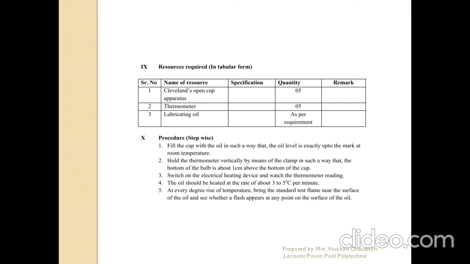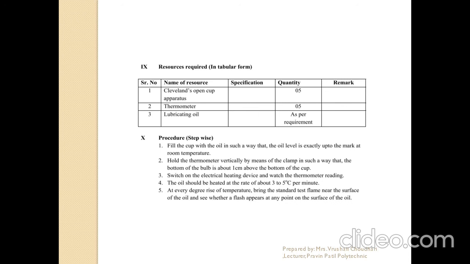Resources required: the Cleveland open cup apparatus, the thermometer, and the lubricating oil. First we fill the cup of our apparatus with the oil at room temperature.